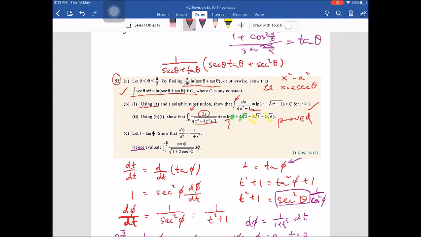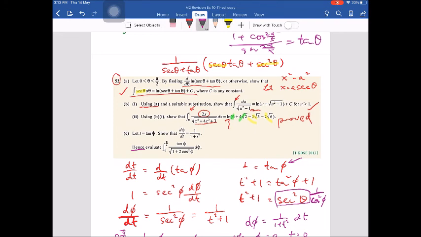If you factorize the secant theta out, this becomes tangent plus secant. So this is exactly secant theta, and you know that this is the answer.